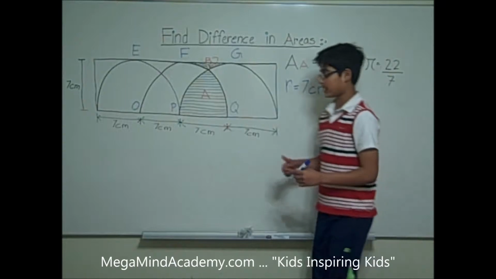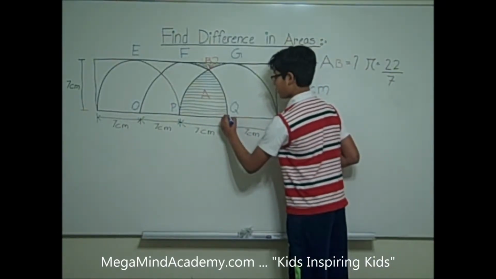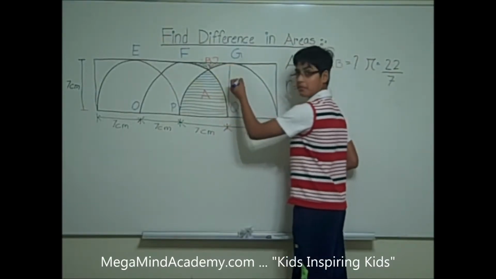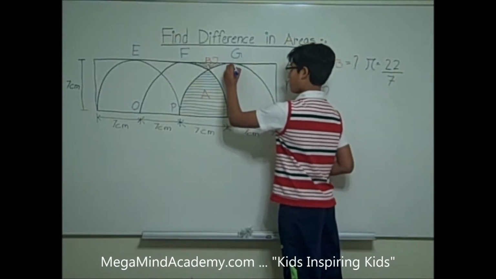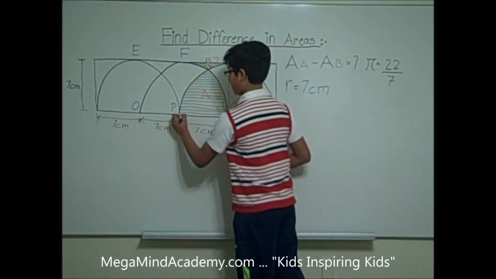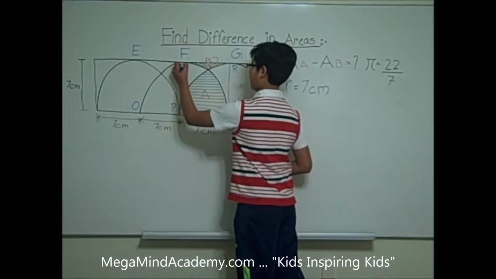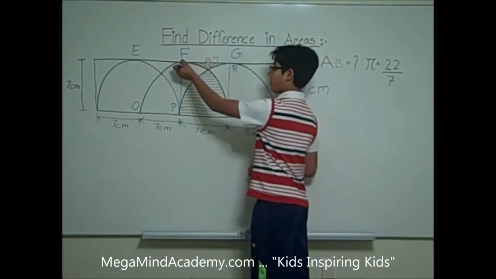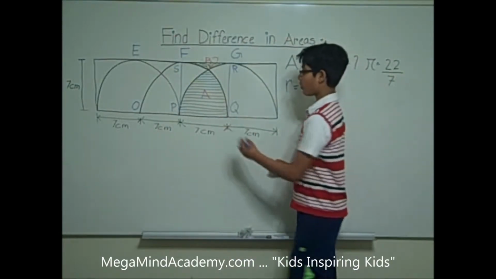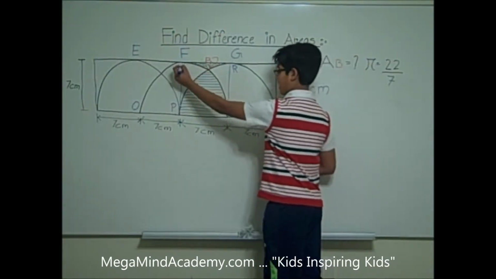So, we can see that if we draw a line from center Q all the way up to the top of the rectangle, let's name this point as point R, and we draw a line from point P all the way up to the top of the rectangle, let's name this point point S, then we get a square. This square is square PQRS.